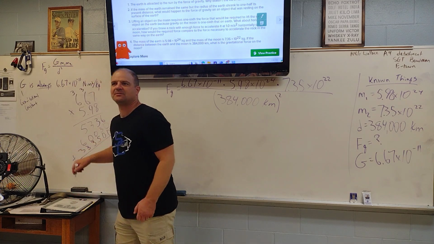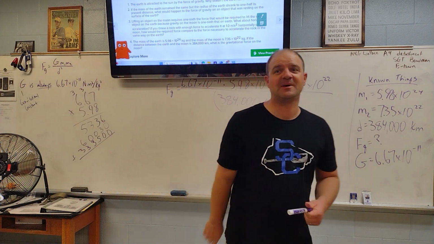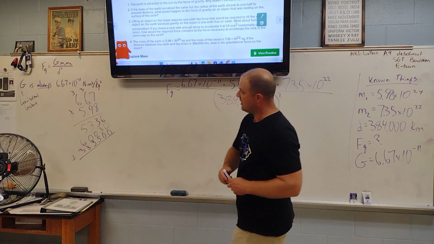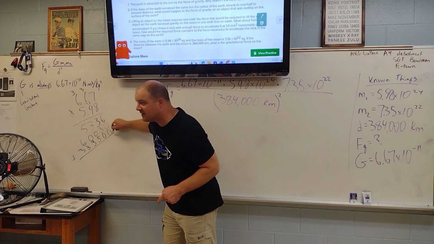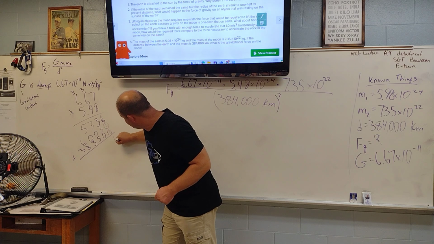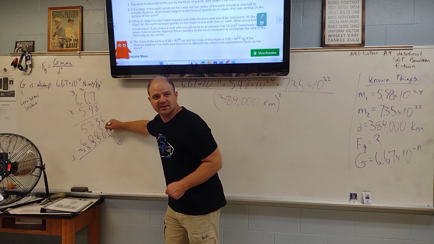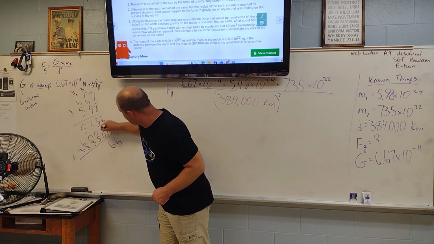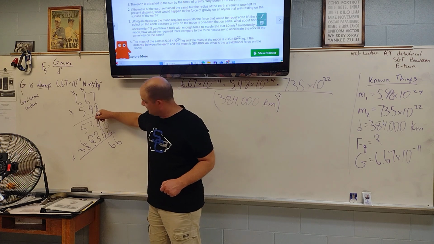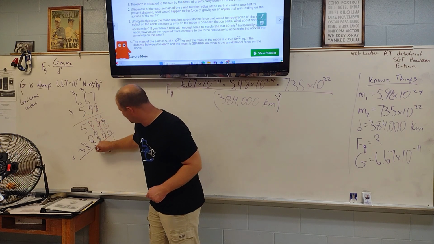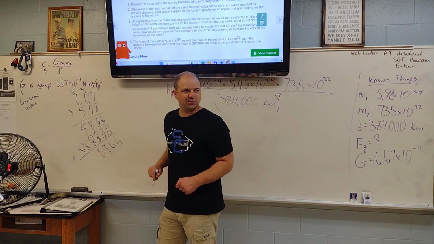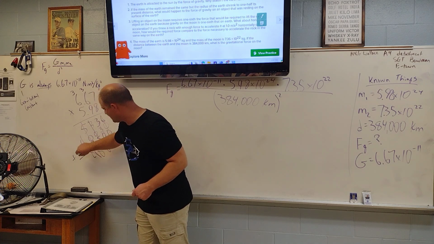And now we do what? We add. 6 and 0 and 0 is, 3 and 3 and 0 is, 3 and 0 and 5 is, 5 and 0 and 3 is, 6 and 3 is.